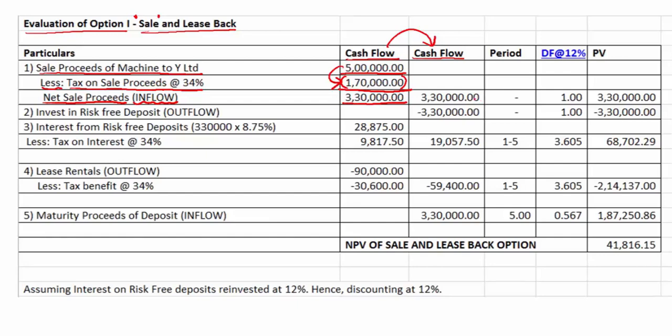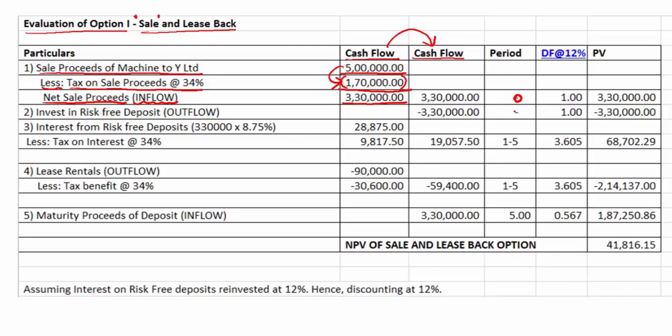But what I'm going to do when I'm going for sale and lease back, I will invest this 3,30,000 immediately. But before that, let me take care of the timing aspects also. This 330,000 is going to come to me now. So time period, I would say it is time 0.